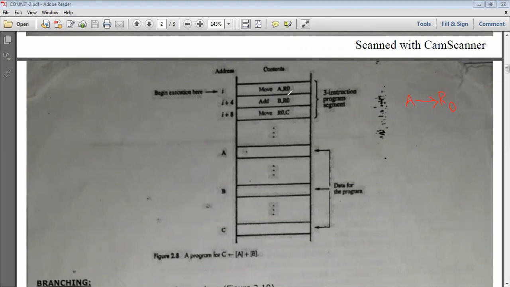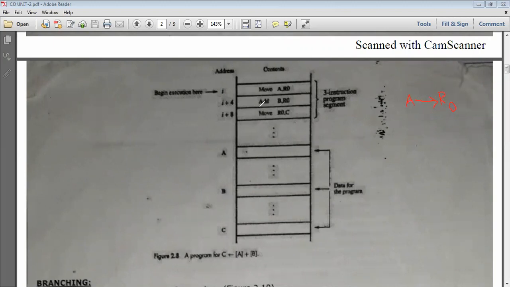Do you remember? Move is the opcode, and A comma R0 are the operands. 2 operands are used in this instruction. So which is the second operand here? R0, so that is the destination operand. That's why whatever data is present in A is moved to R0.